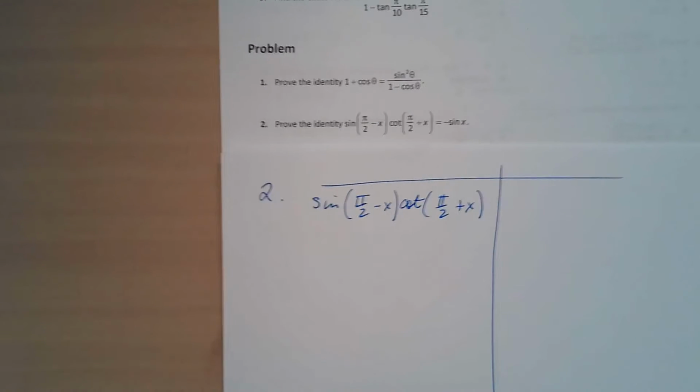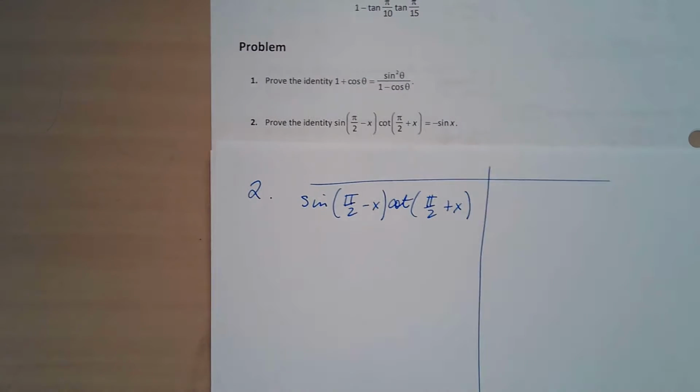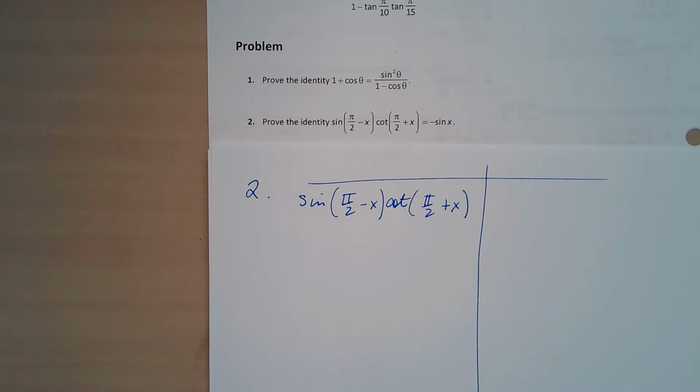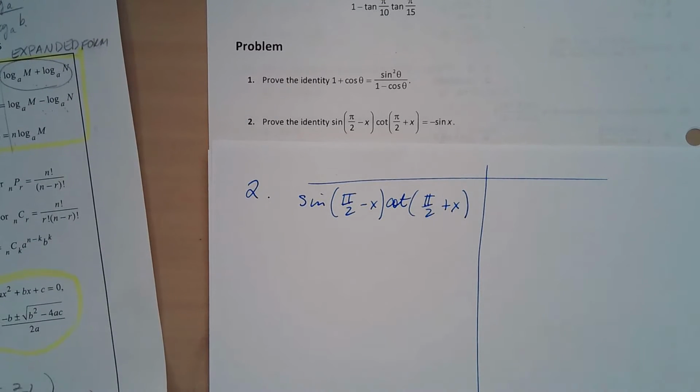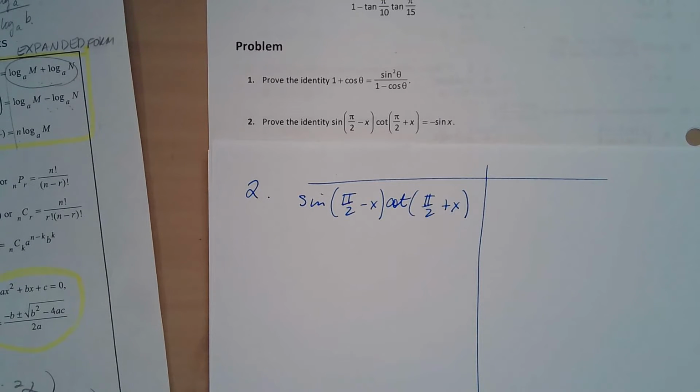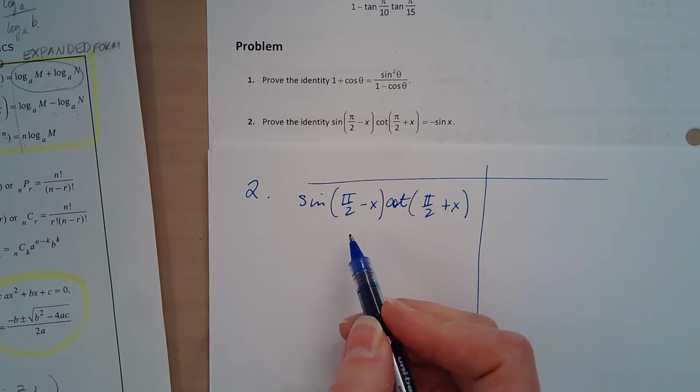Now, what occurs to you when you first look at this identity? What are you thinking? Sine. Yeah, the sum and difference identities, right? So this is the sine difference identity.